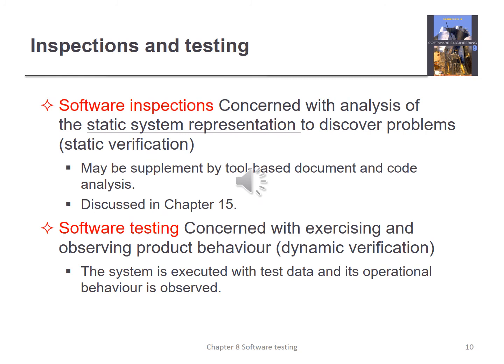Inspections and testing. In system analysis and design, the implementation phase has many different activities: coding, inspection, testing, finalizing documentation, installation, data conversion, whatever. Inspection is one activity done in implementation.